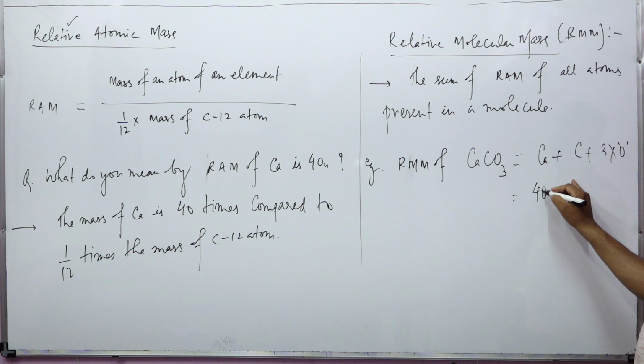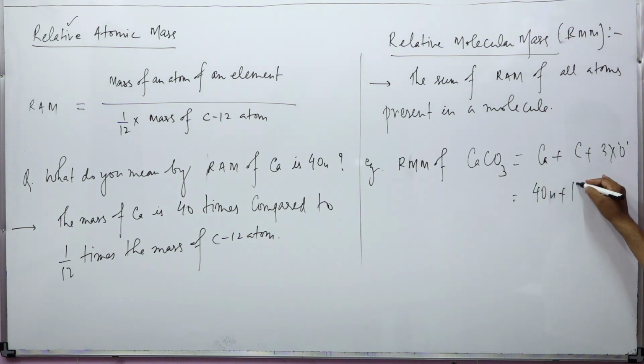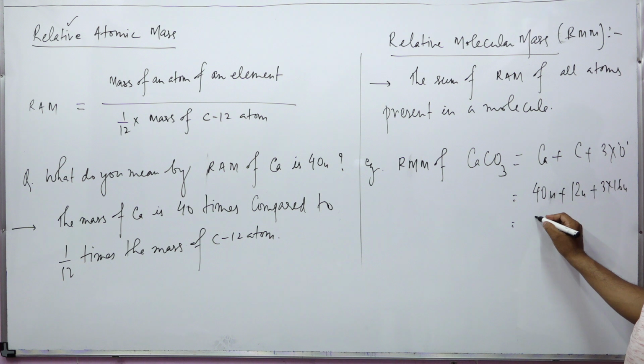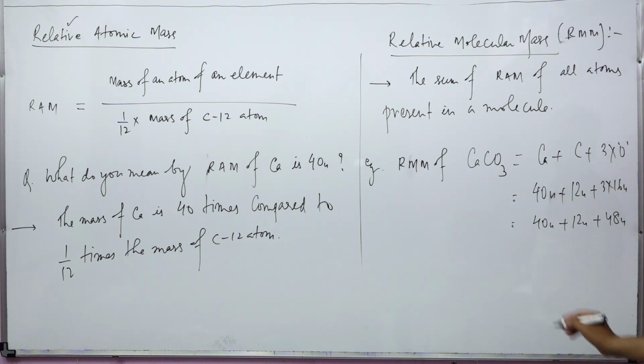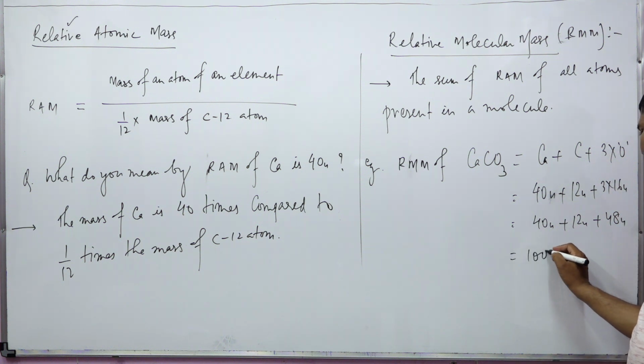Calcium, it is 40 AMU, or simply write U. For carbon it is 12U, and for oxygen it is 16U. All together we will add 40U plus 12U plus 48U, we will get 100U.